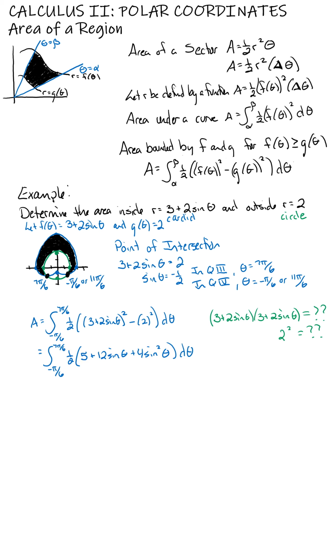We cannot integrate that. So I'm going to use one of my half angle identities. Remember that sine squared theta is (1 minus cosine of 2 theta) over 2.